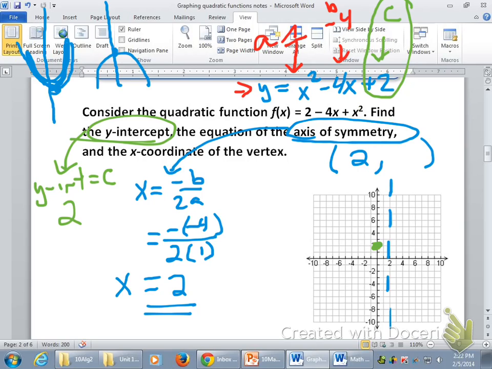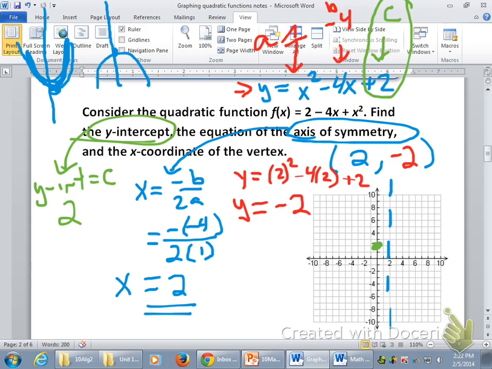Plug it in. There's what I was looking for. So my y is going to equal 2 squared minus 4 times 2 plus another 2. 2 squared is 4. 4 times 2 is 8, so that gives me 4 minus 8 plus 2. What's 4 minus 8 plus 2? Negative 2. So the y is negative 2.